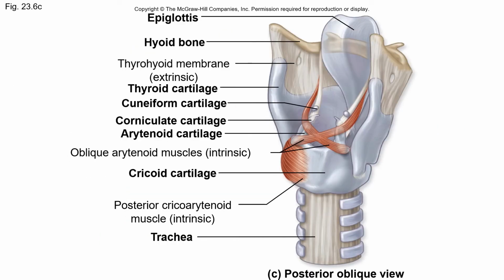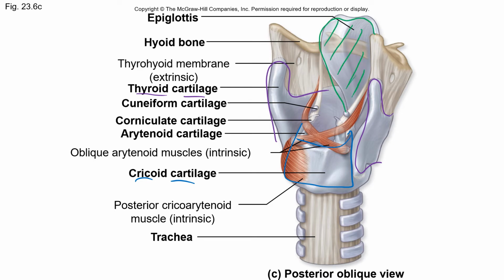Okay, here on the posterior side, you can see that the cricoid cartilage is much more prominent. The thyroid cartilage actually stops, is absent on the posterior side. And here we can see an extra piece of cartilage that we didn't see very well on the anterior side, called the epiglottis.